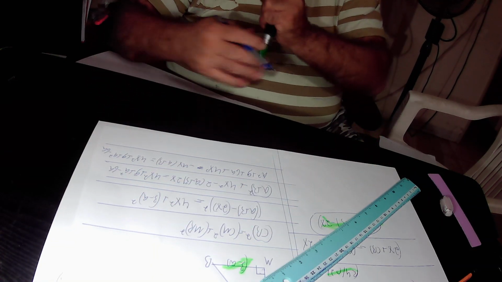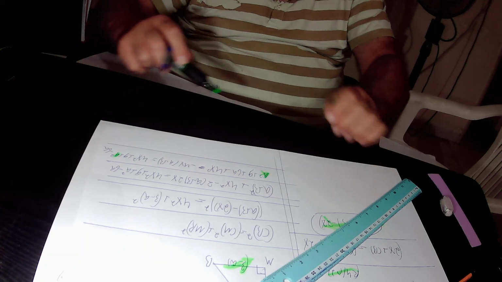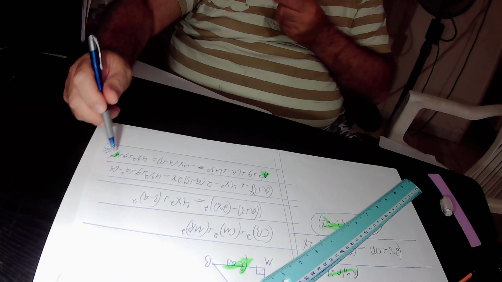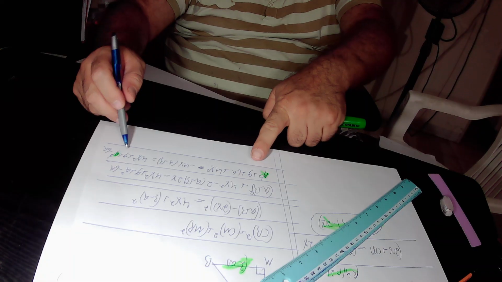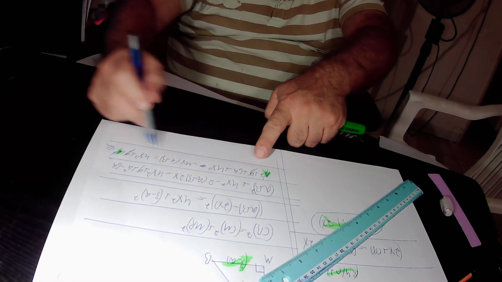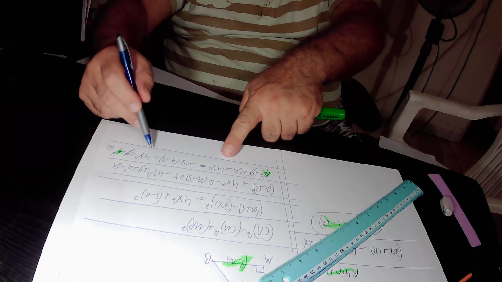So here we have a squared on both sides of this equation, so a squared will get cancelled. We also have 9 on both sides of this equation, so 9 also gets cancelled. And we have 4x squared on both sides of this equation, so 4x squared also gets cancelled.